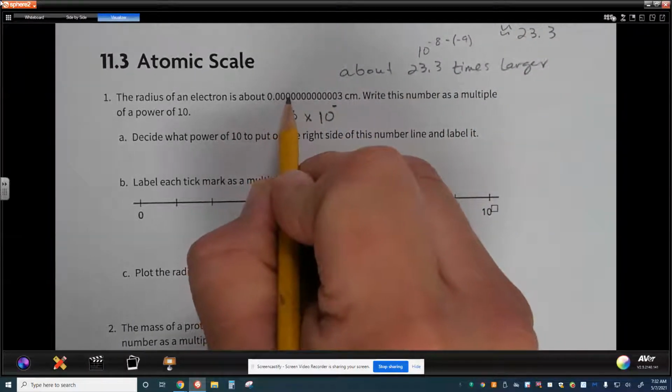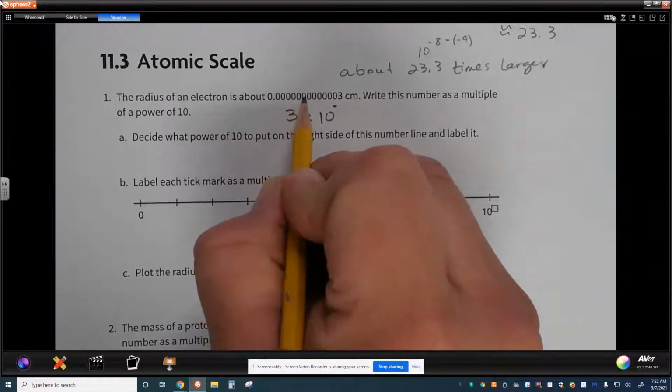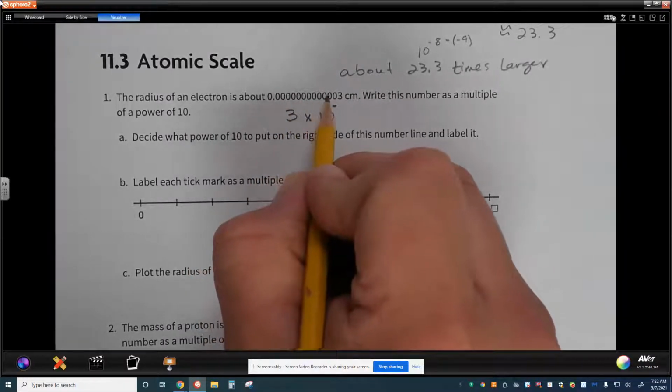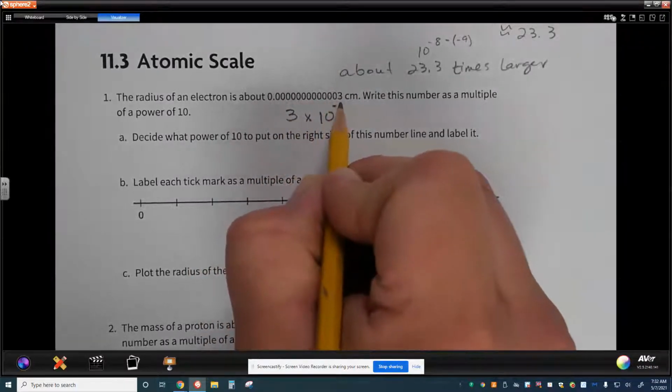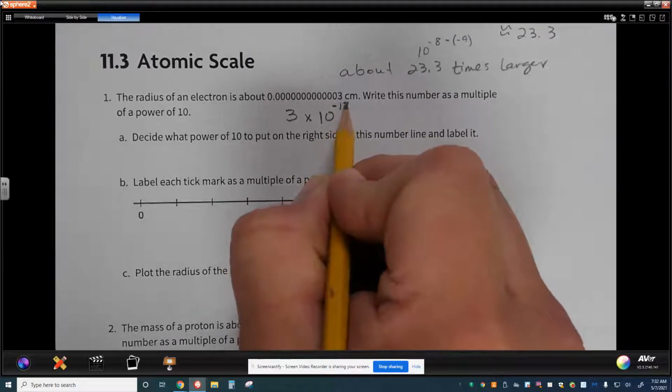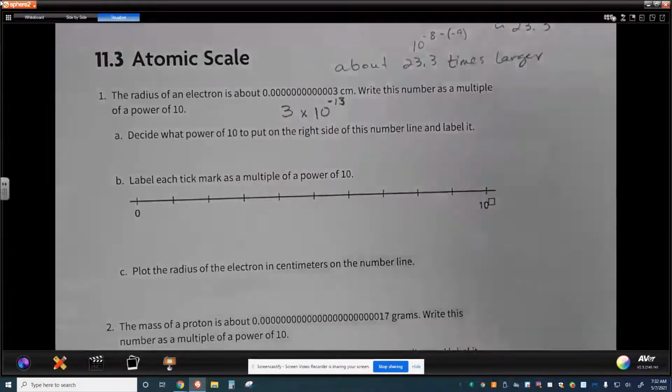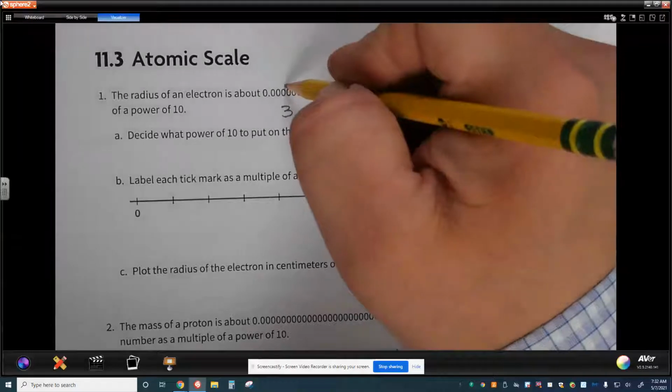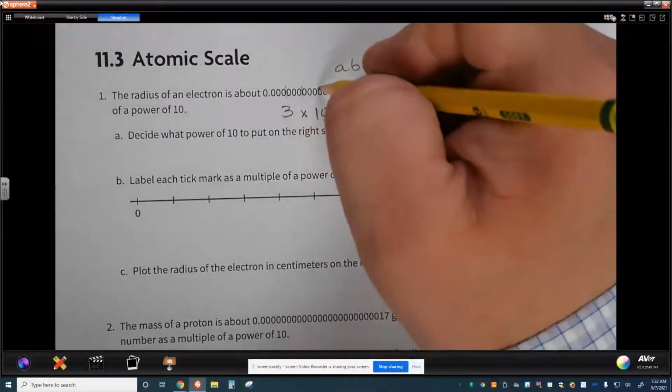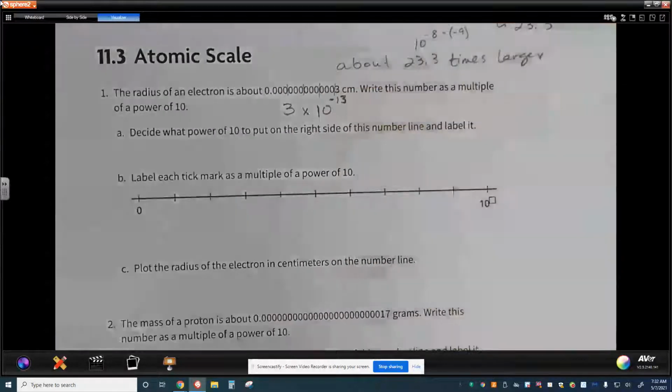And there are 1, 2, 3, 4, 5, 6, 7, 8, 9, 10, 11, 12, 13 powers of 10. So this will be times 10 to the negative 13th. One strategy that I like to use when counting these is I will break my numbers up into groups of 3 just to help me with counting those values.